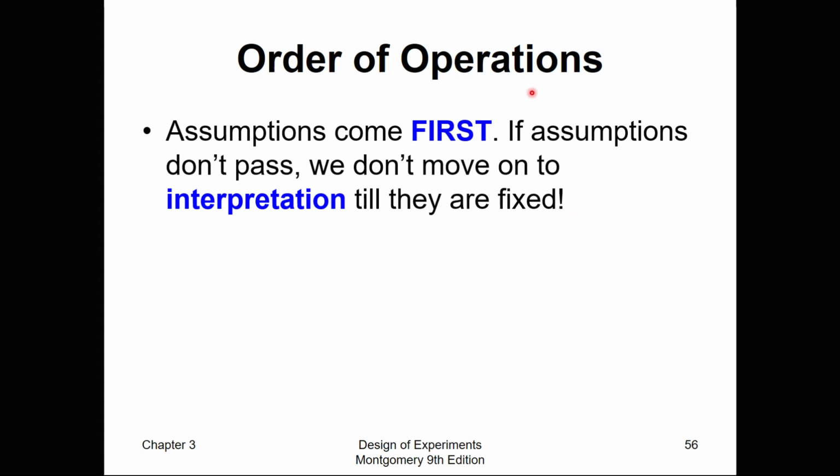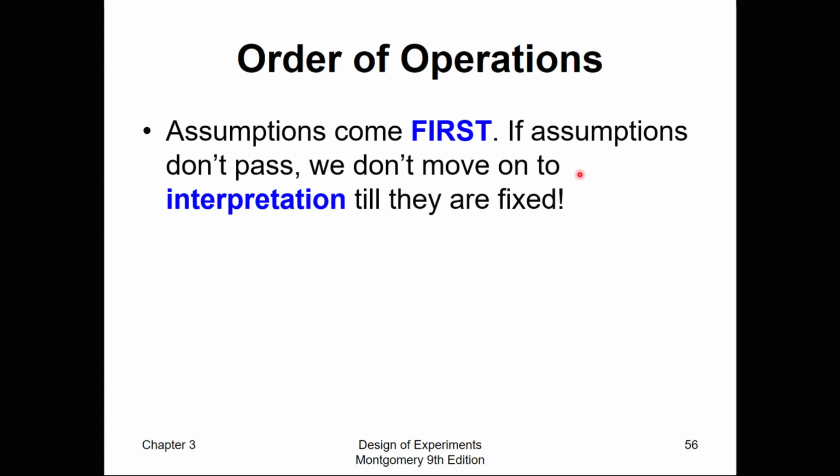Now I want to pause here and say, again, though it's not a huge focus in our class, there's some really easy things to do if they don't pass. So like if normality doesn't pass, we use a non-parametric ANOVA. And as long as you know the name of it, it's really easy to implement in software like R, and you just drop it in and it works great, and you don't really have to worry about it.